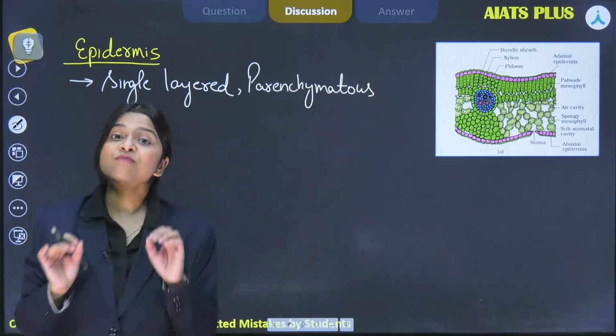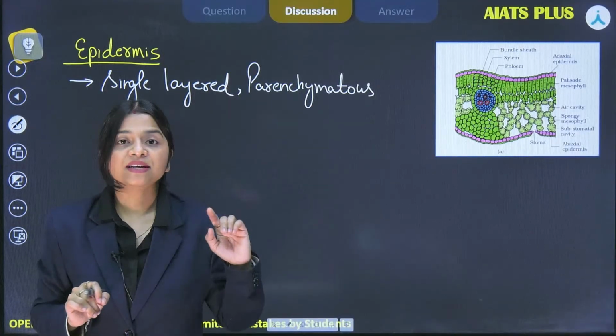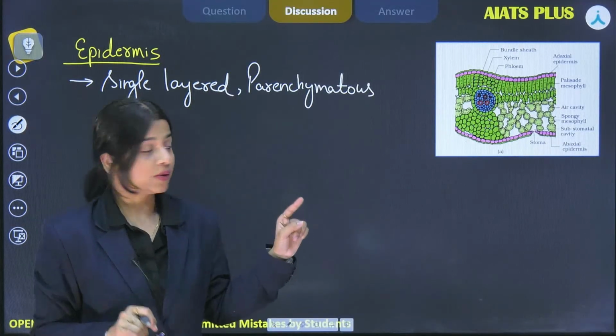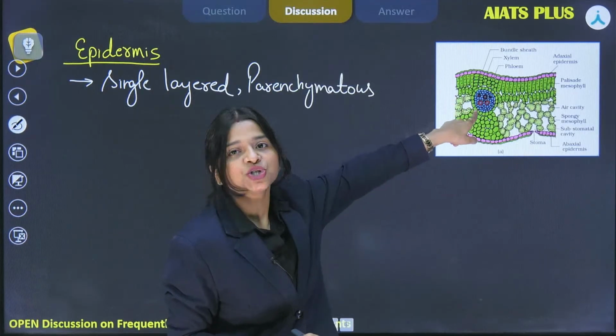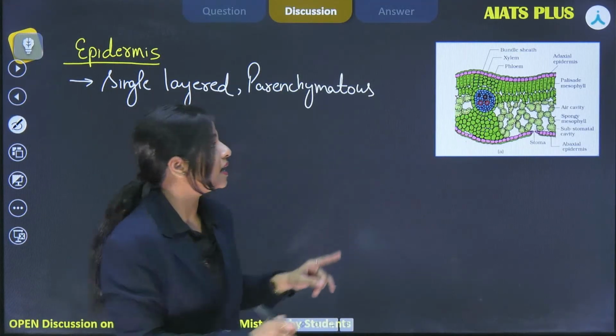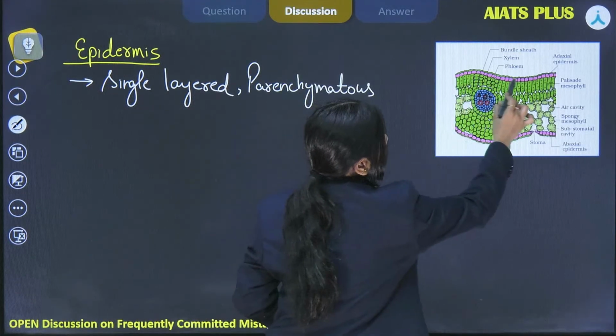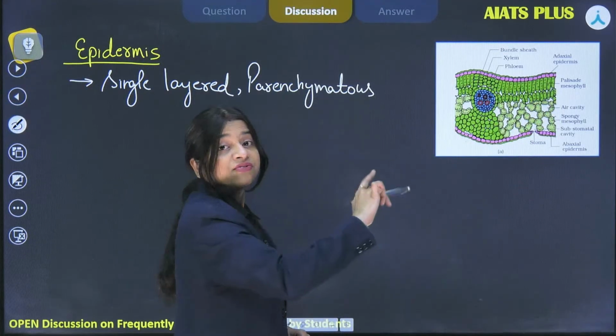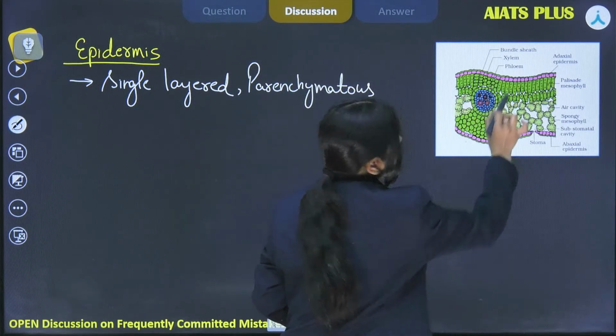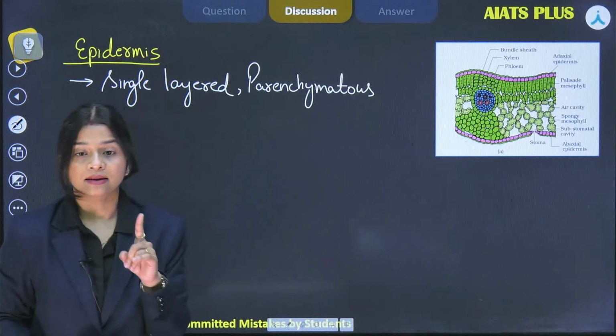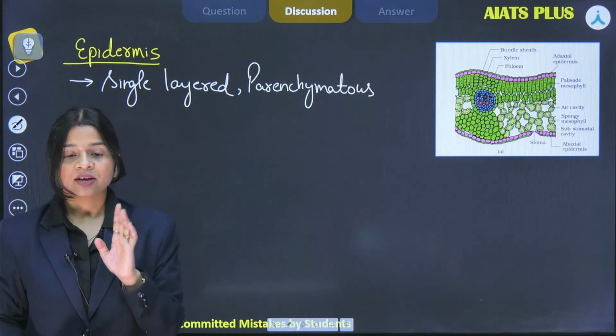And the third very important feature is they have the presence of a layer of cuticle. You can see in this representation also, this is from your NCERT. Here we have the pink colored epidermis, and above that there is the thin green layer of cuticle. Yes, very good, Sagnik.